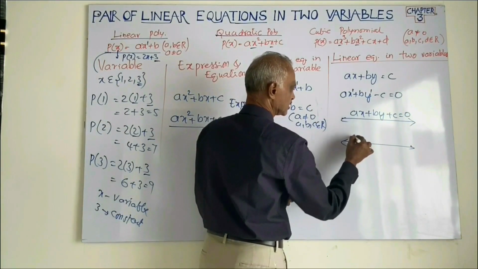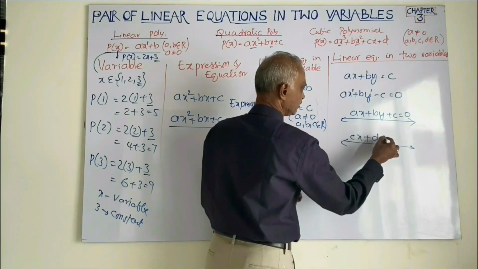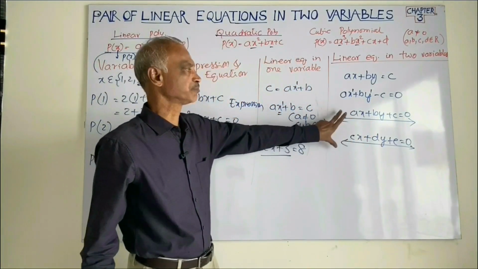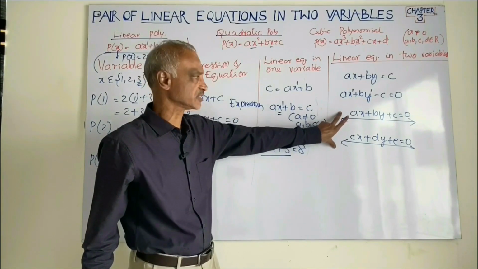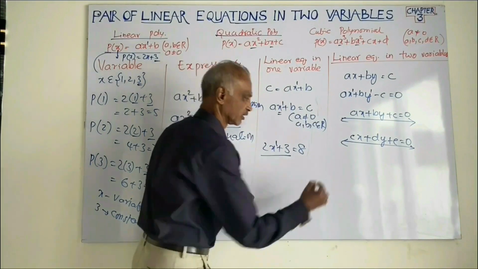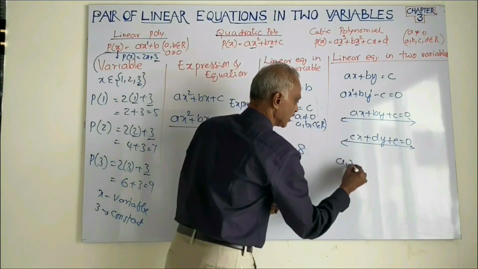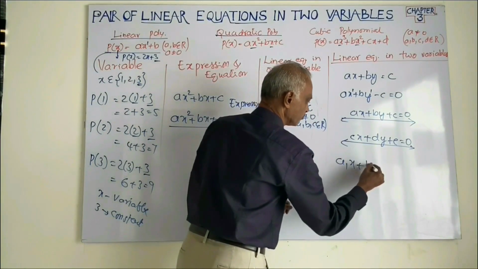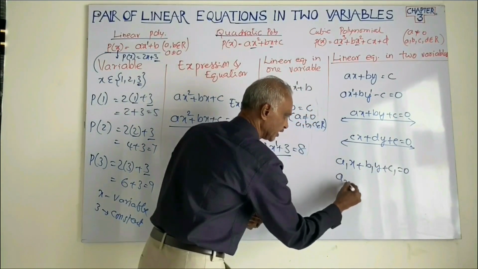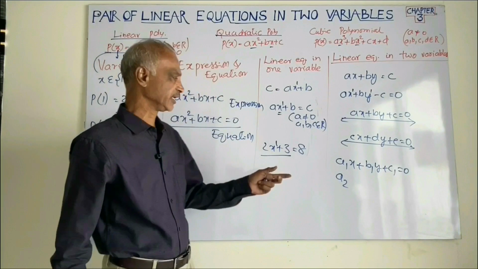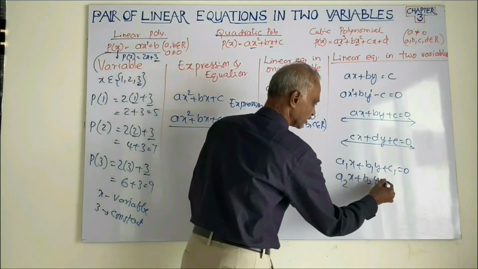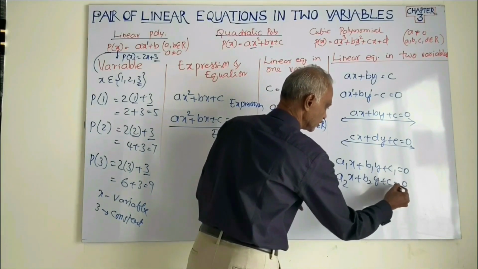You can take cx plus dy plus e is equal to 0. This is pair of linear equations in two variables. Usually we will take this a1x plus b1y plus c1 is equal to 0, and a2, instead of c I will take a2x plus b2y plus c2 is equal to 0.